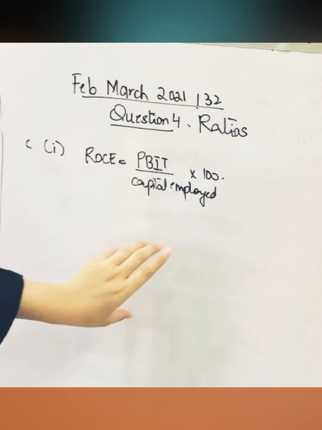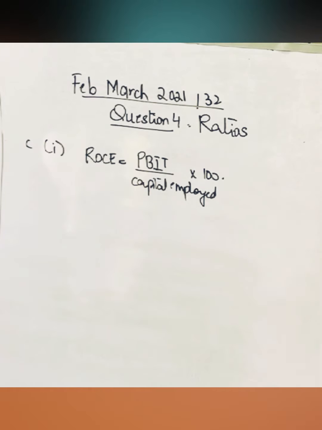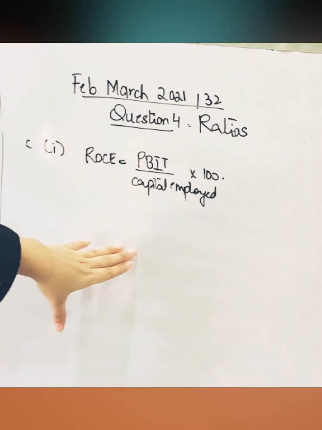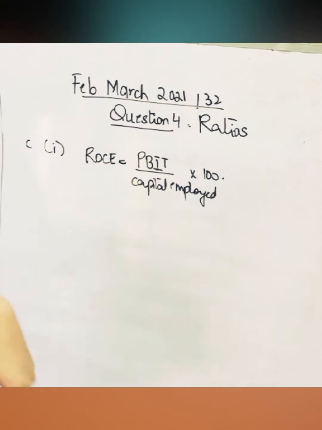Capital employed includes both the non-current liabilities and the equity: preference share, ordinary share, everything. And the profit is before interest and tax. Why is profit before interest and tax used and not after? That is the logic you need to apply, because there are formulas which require after tax and others which require before tax, so you need to differentiate between them.